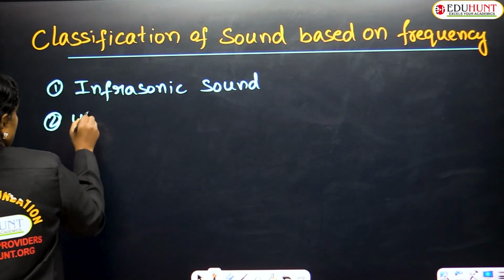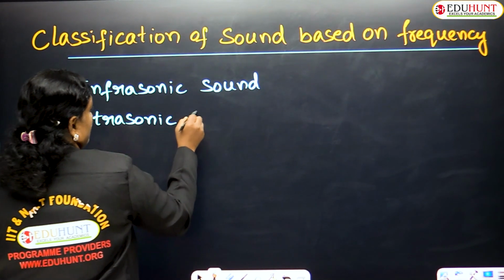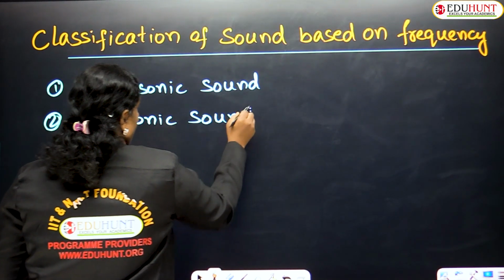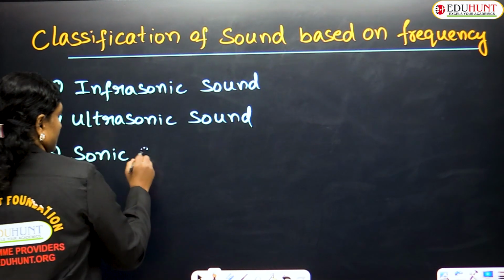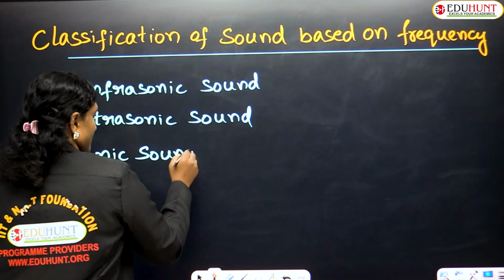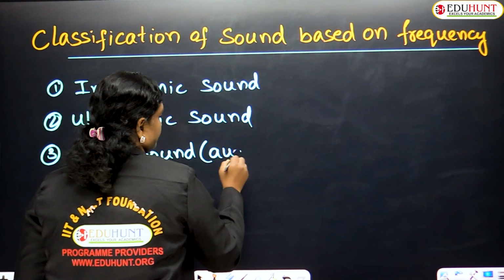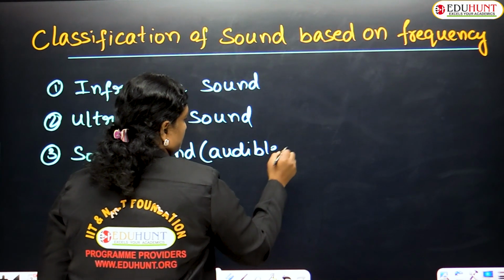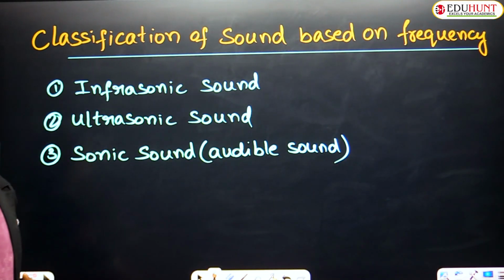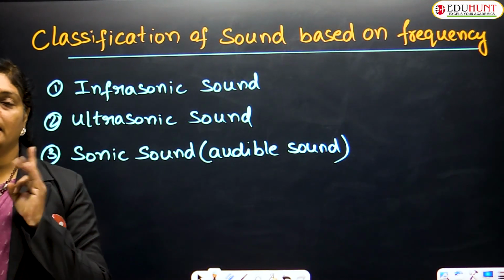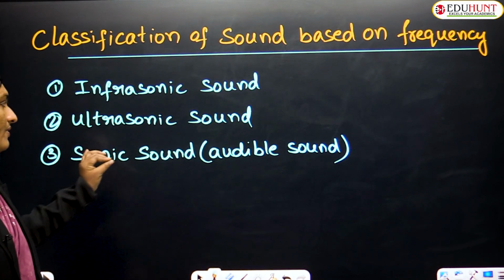Second, ultrasonic sound. And one more is sonic sound. It has another name, the audible frequency, audible sound. So based on the frequency, sounds are classified into three categories: infrasonic sound, ultrasonic sound, and finally sonic sound.